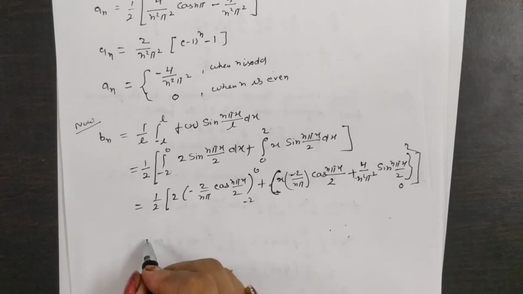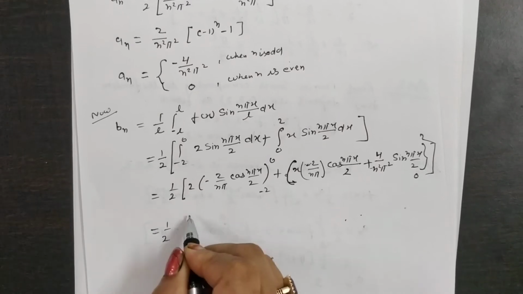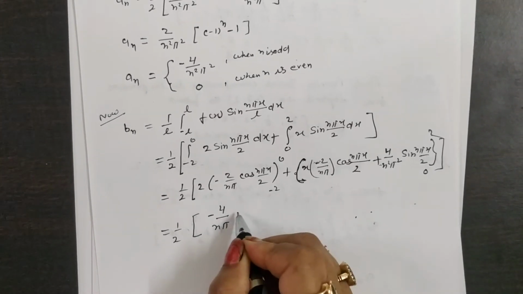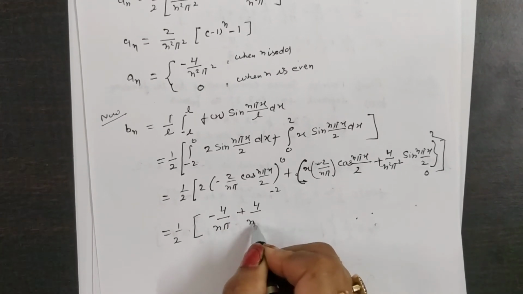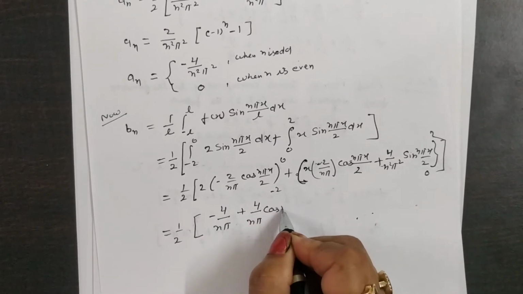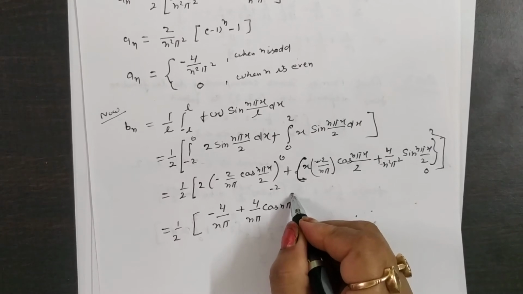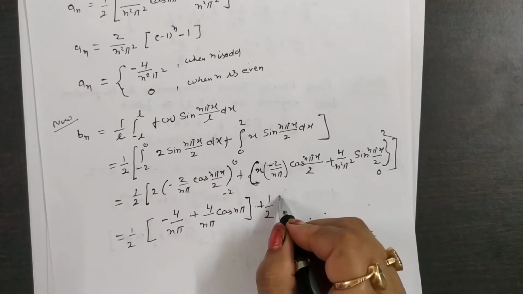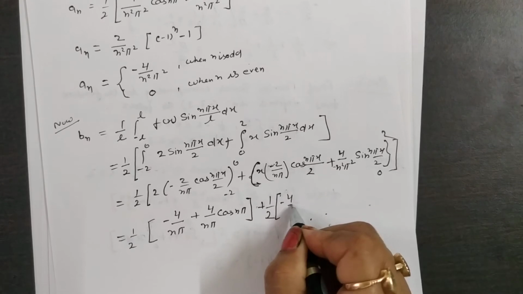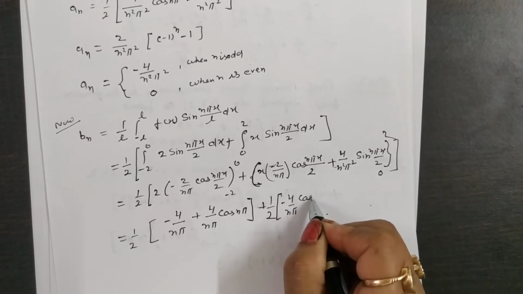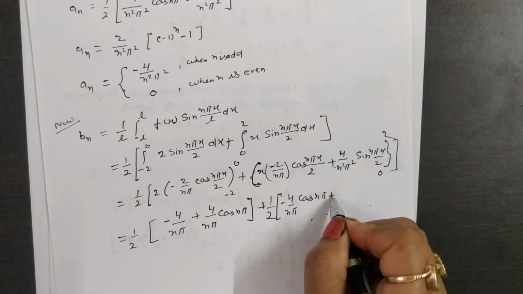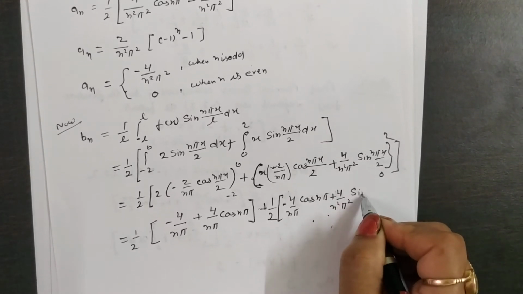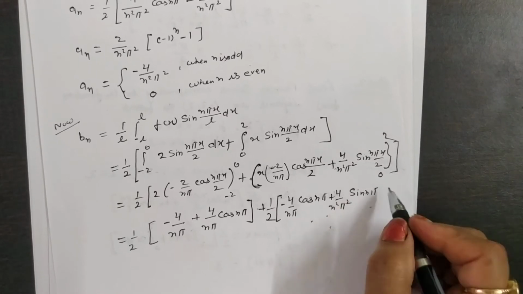So solving this, you get 1 by 2 times minus 4 by n pi plus 4 by n pi cos n pi, and similarly here, 1 by 2 times minus 4 by n pi cos n pi plus 4 by n square pi square sine n pi, with the limit from 0 to 2.